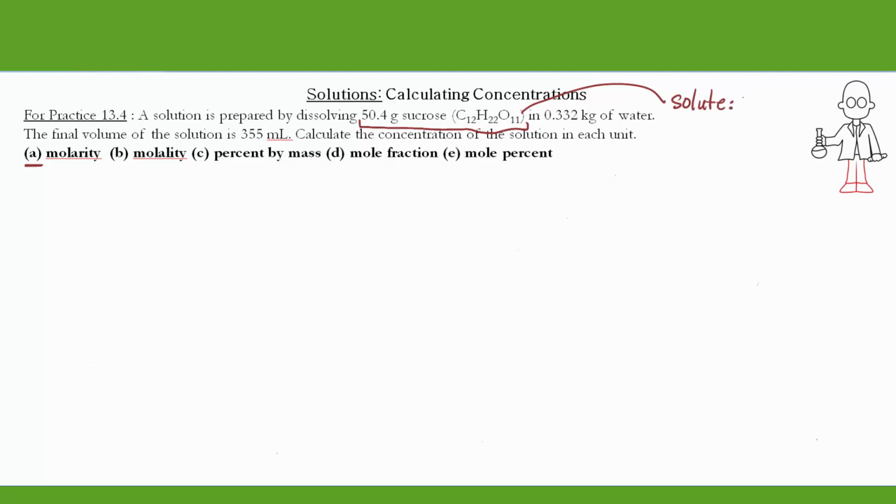Your solute is the part of the solution to be dissolved. And you have this mass of water. This is going to be your solvent. The solvent dissolves the solute.